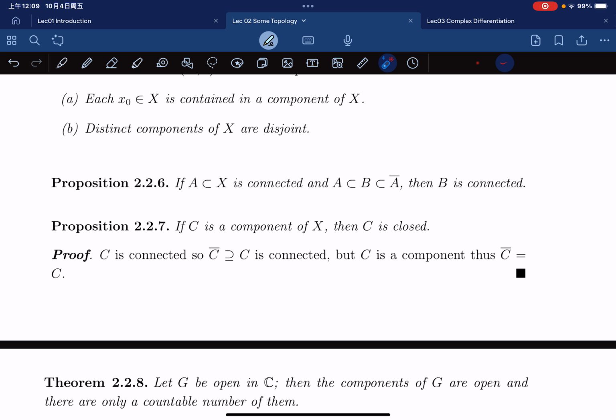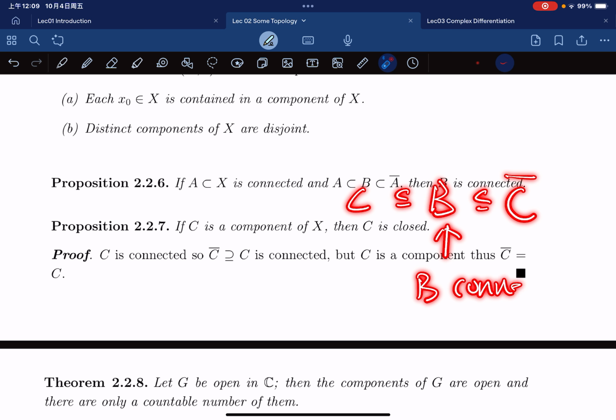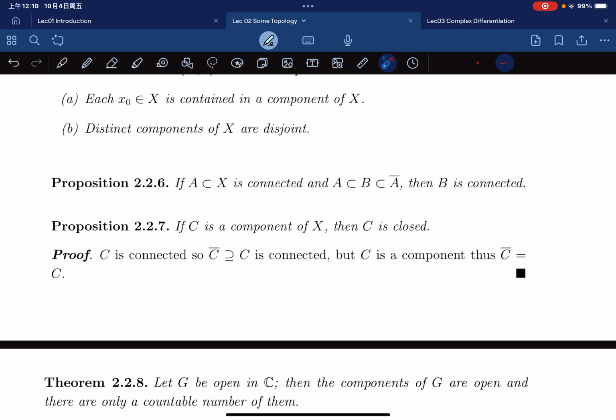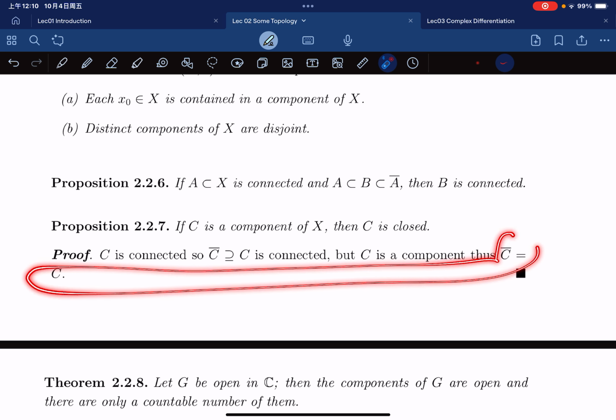So if we let B equal C bar, C bar will be connected. But C is a component, so C bar cannot properly contain C. So we have C bar and C are equal.